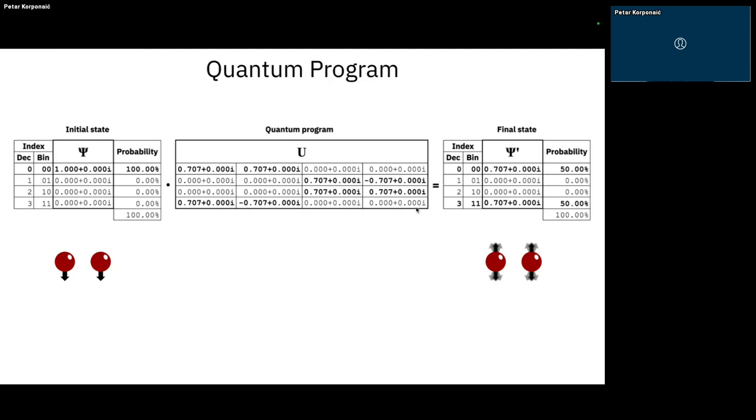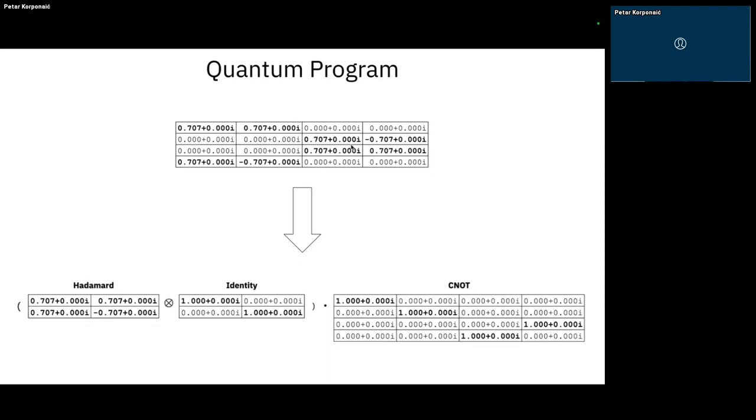So now, quantum program is matrix. Now, because quantum computer cannot execute arbitrary matrix, quantum computer can execute only a small set of matrices, which is instruction set of a quantum computer. So we need to assemble our matrix out of small subset of matrices supported by quantum computer.